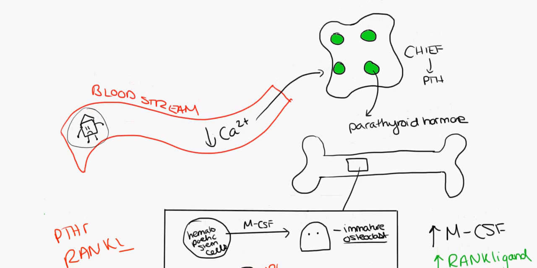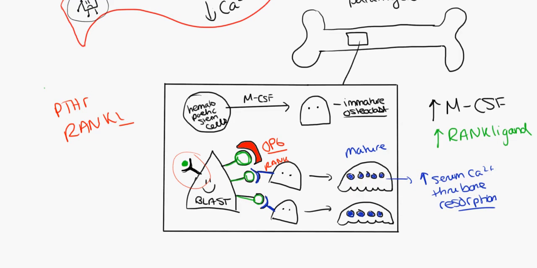So let's recap this now. We have decreased blood calcium, and that's going to signal chief cells of the parathyroid gland to secrete parathyroid hormone. Then at the bone, parathyroid hormone is going to result in increased macrophage colony stimulating factor. That's going to result in the differentiation of cells into immature osteoclasts, and then that in turn is going to act on rank ligand, which is going to be on the blast. And why do we have this rank ligand on our blast?